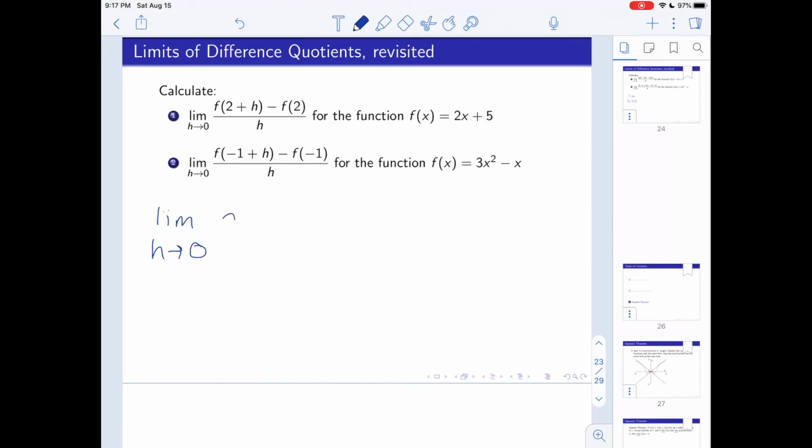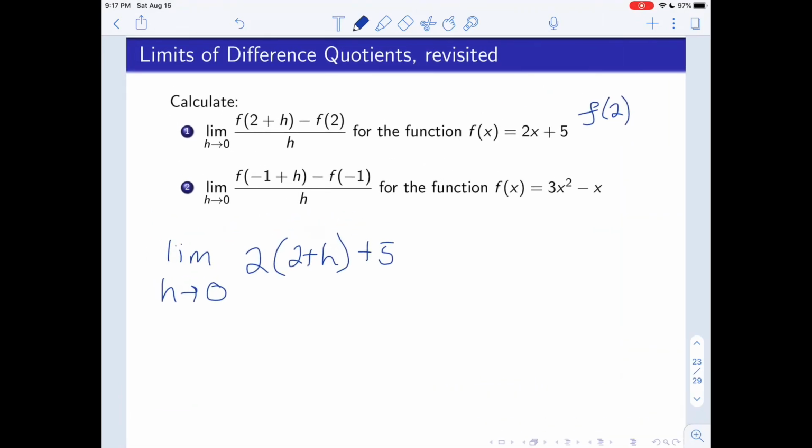So that means we're going to have to do 2, and then instead of x, we put the 2 plus h, and then plus 5. So that takes care of the f of 2 plus h part. And then we have to subtract f of 2. So I might come off to the side and find f of 2 here and say, well, that's 2 times 2 plus 5.